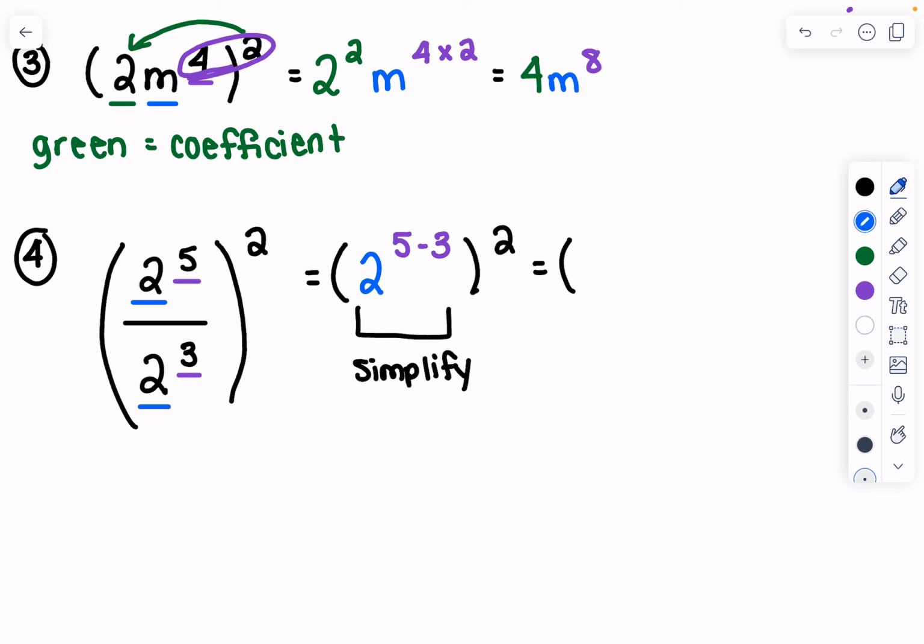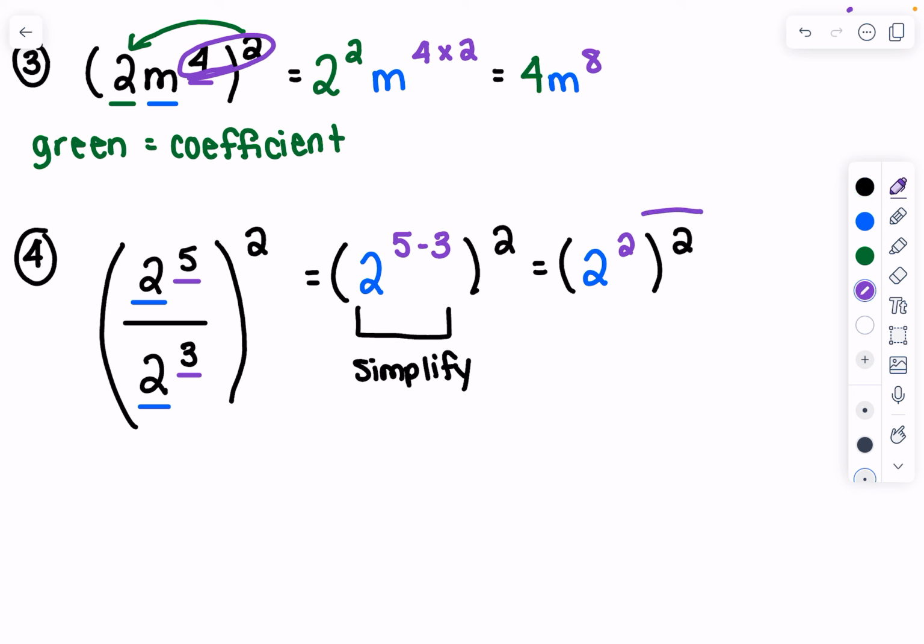Okay, so I get 2, and I have 5 minus 3, which I already know how to deal with, is 2. And then I also know that 2 is outside. Wow, sorry, lots of 2's. Okay, I've simplified my expression.